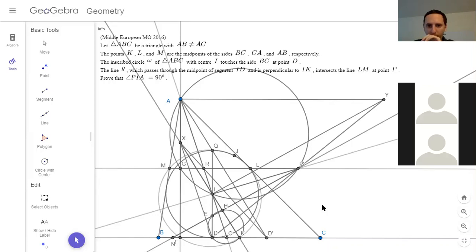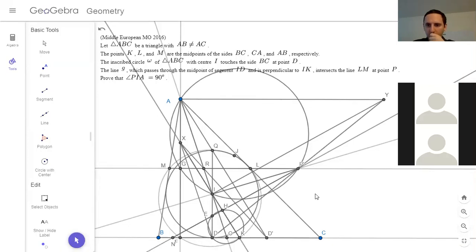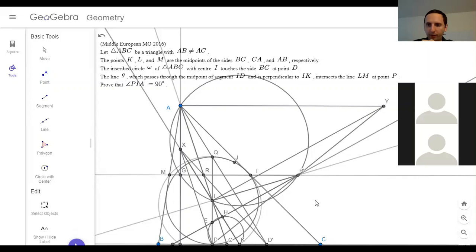So AD' is parallel to IK, and EH is parallel to IY. Okay, so that would prove that angle XIY is 90.